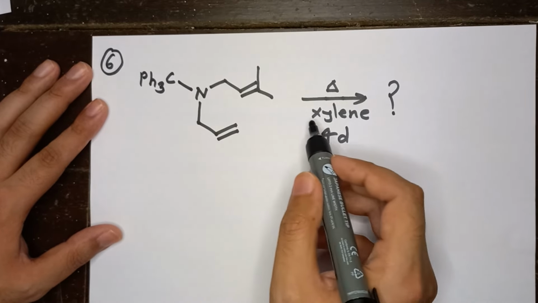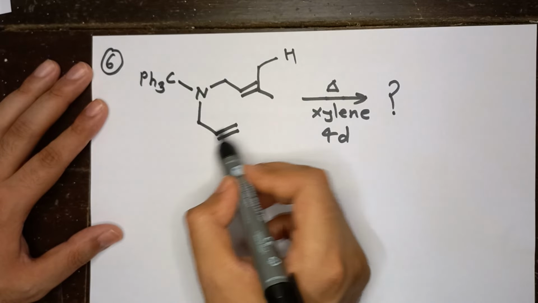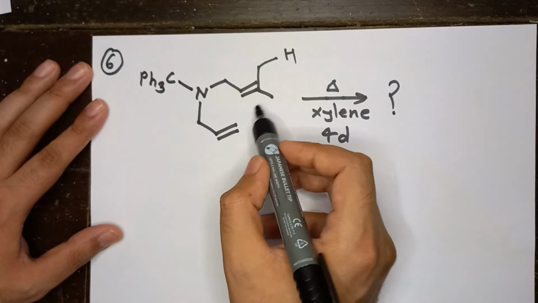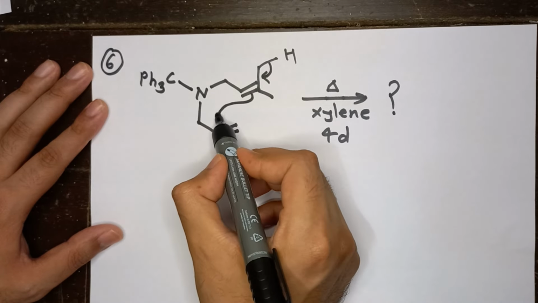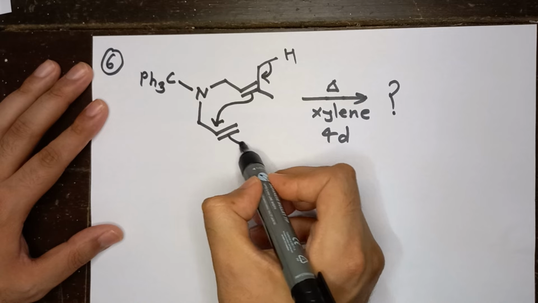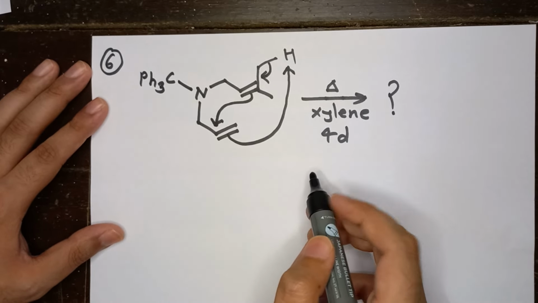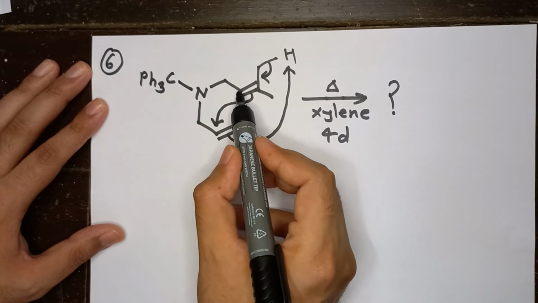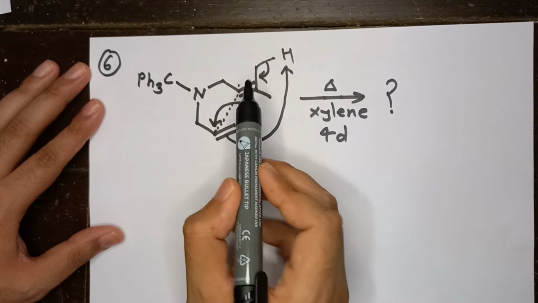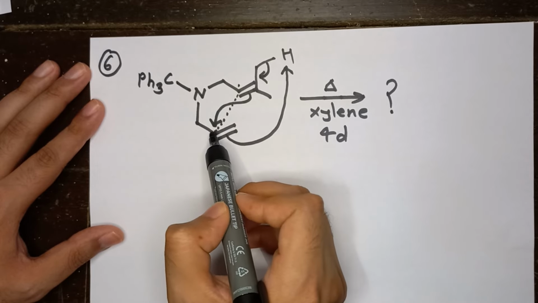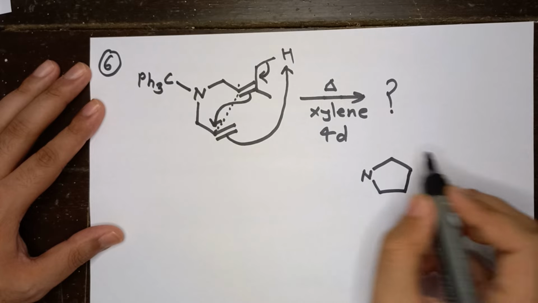Okay. So we have a hydrogen here and we have a double bond here, right? So this will form a double bond here. This will attack at this center and this double bond will take this proton. So what is the product? So we cyclized at this center, correct? So we have a 1, 2, 3, 4, 5, 5-membered ring. So let me number them.